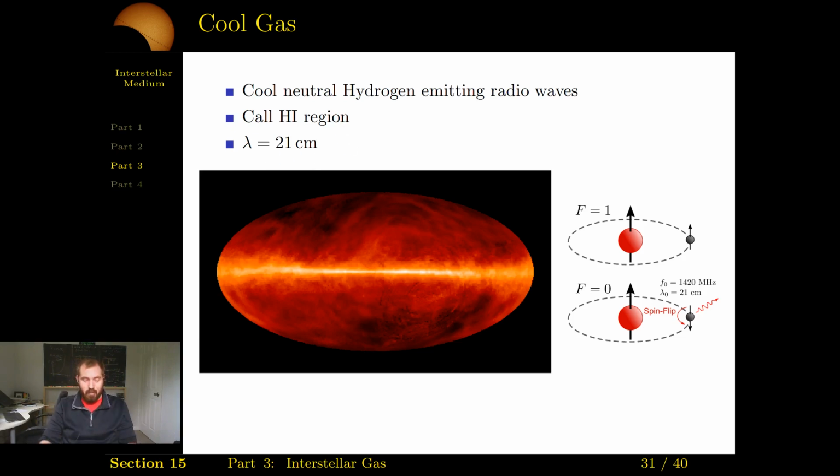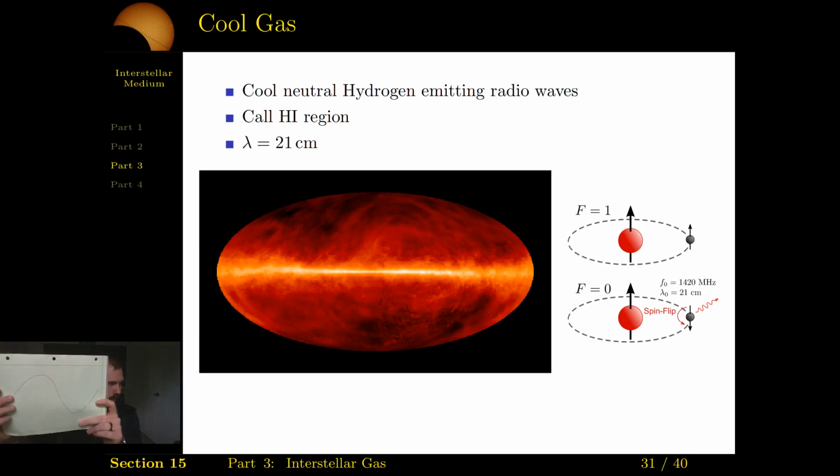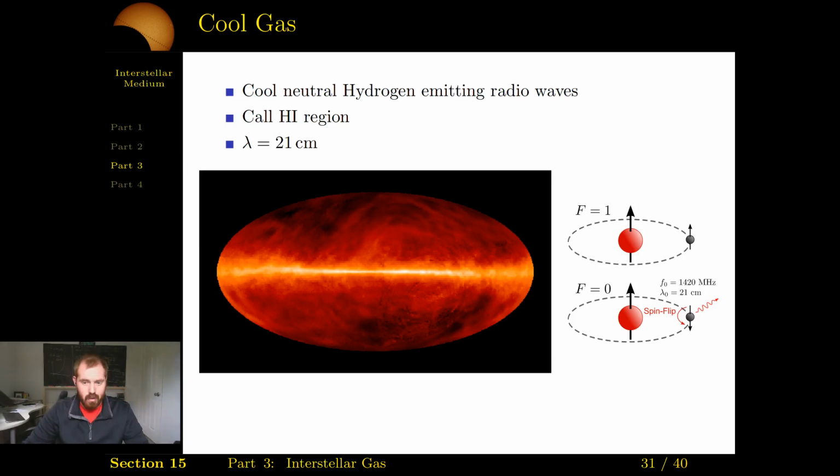You're talking about a wavelength of, honestly, not much, a little bit shorter than the length of my paper here. About that length is the wavelength of the light coming off from this spin flip. So it is very much a cooler spectrum.